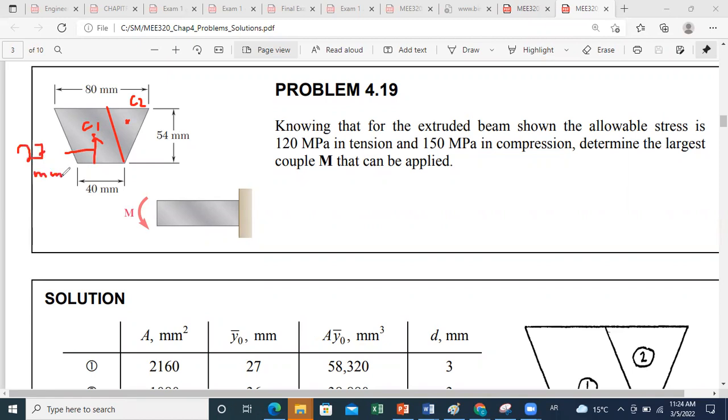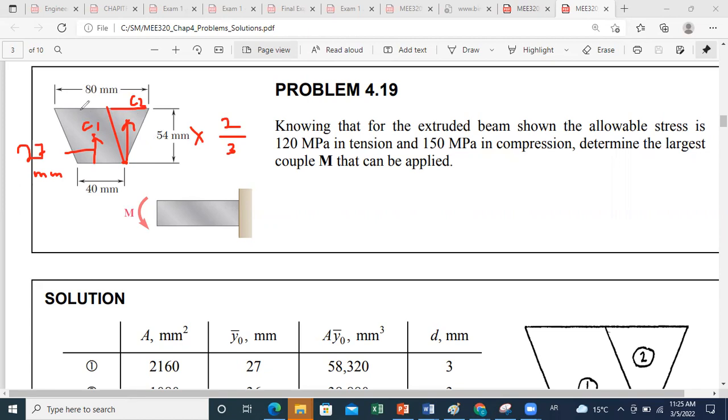Now for a triangle, we know that the centroid is at 2/3 of the height from the extreme point and at 1/3 from the base. So this distance here is 2/3 times 54. So we found the location of the centroid of part one and the centroid of part two.